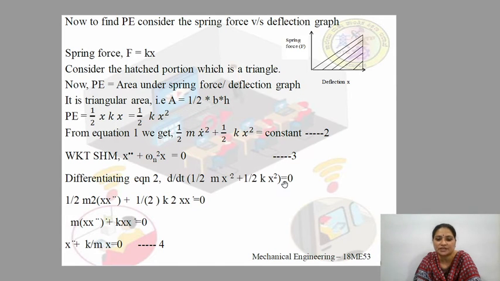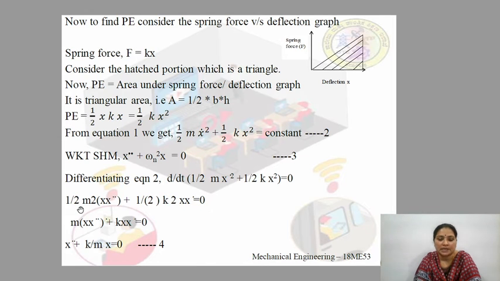If we differentiate this equation with respect to time t, we get 1 by 2 m, and the derivative of x dot square is 2 into x dot into x double dot. Half k x square is further differentiated: 1 by 2 k, and the differentiation of x square is 2x, into x dot, is equal to 0.